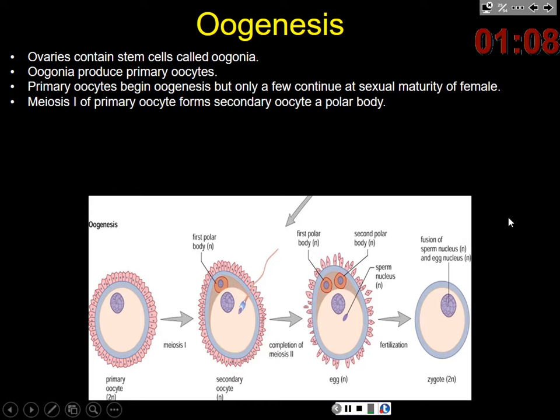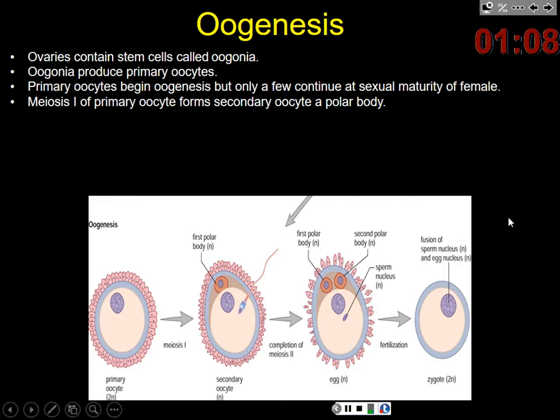Cytokinesis that accompanied it didn't go so well. When the cells divided, instead of getting 2 equal size cells, one of the cells got most of the cytoplasm, and the other cell didn't get much cytoplasm at all. It didn't even get enough to survive. So you've got half of the chromosomes in here, 23, one from each pair.